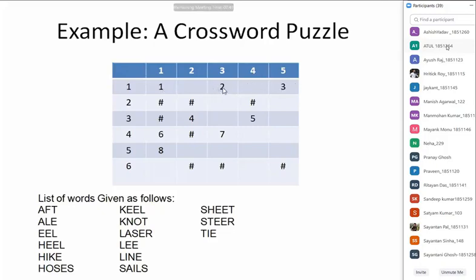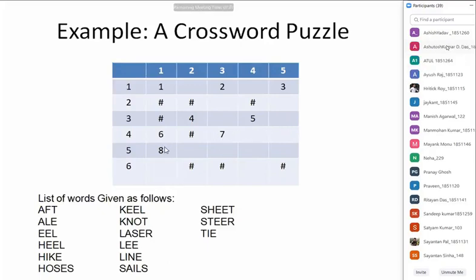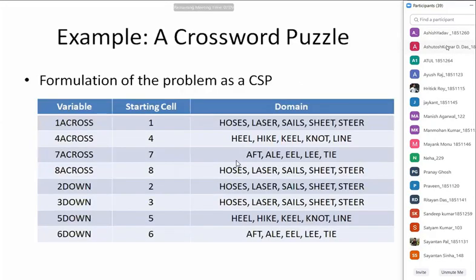Likewise, 2, 1, 2, 3, 4, 5. 3, 1, 2, 3, 4, 5. 4, it can take 4 values, 1, 2, 3, 4. 5, 4, 1, 2, 3, 4. 6, it can take 3 letter words, 1, 2, 3. 7, it can take 3 letter words, 1, 2, 3. And 8, it can take 5 letter words, 1, 2, 3, 4, 5. So likewise, we formed the domain.